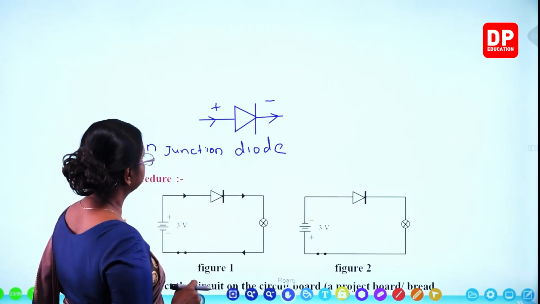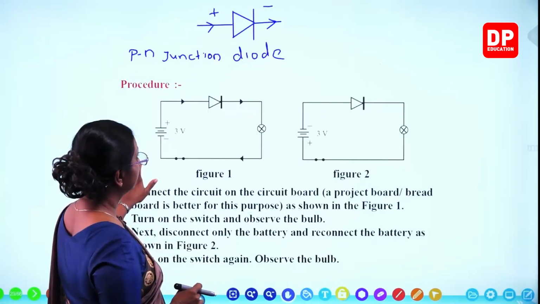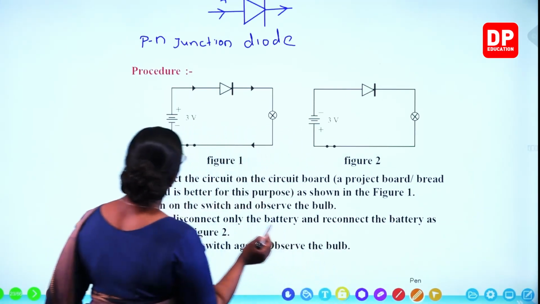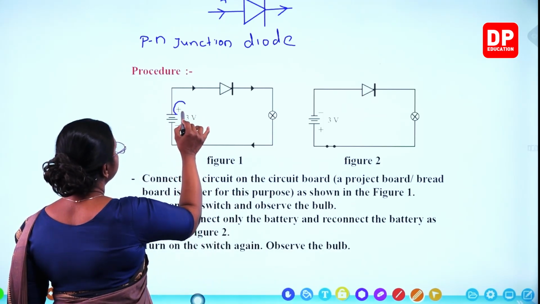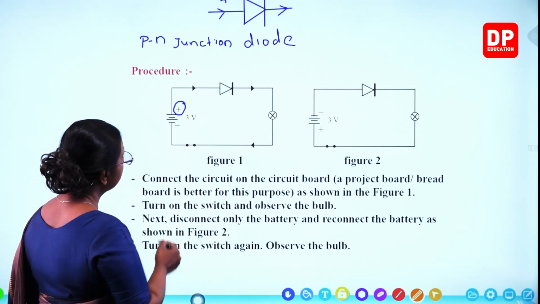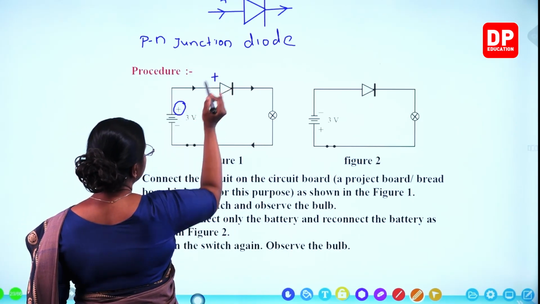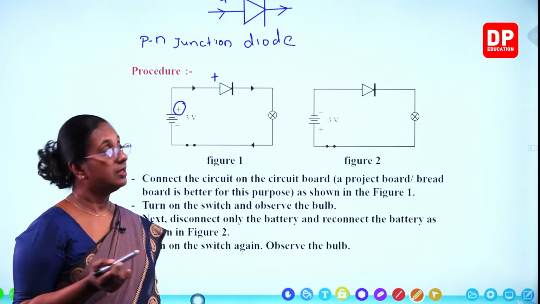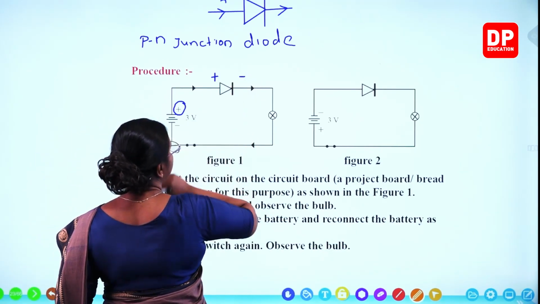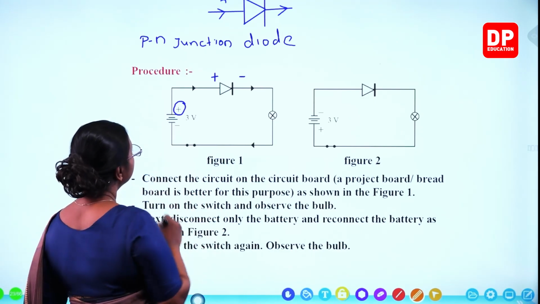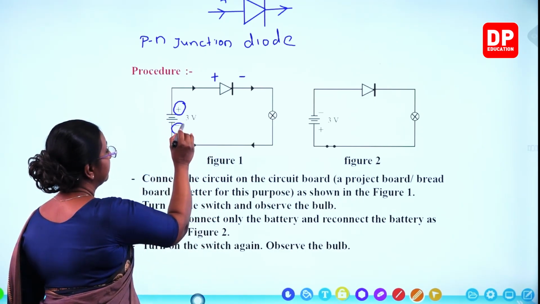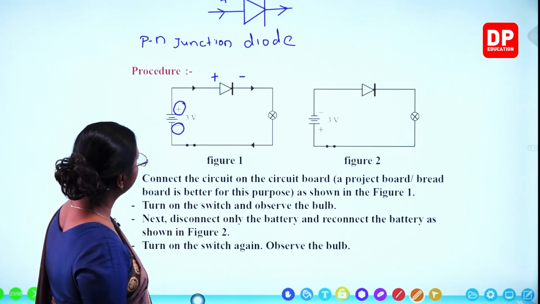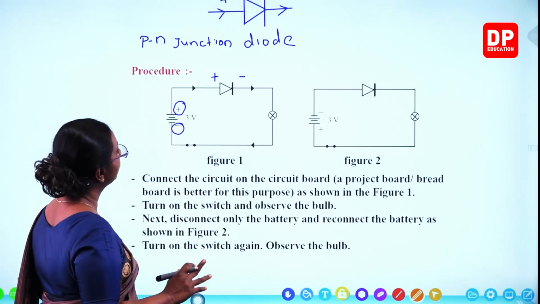So in this one, if you look at the two diagrams, you can see the positive terminal of the battery is connected to the P region of the PN junction diode, and the negative terminal of the battery is connected to the N side. Of course we are using about a 3 volt battery.